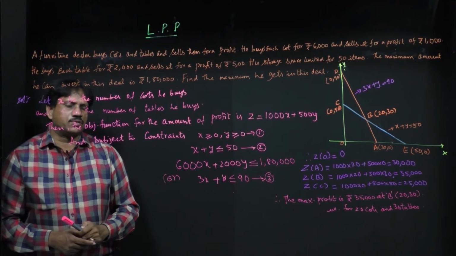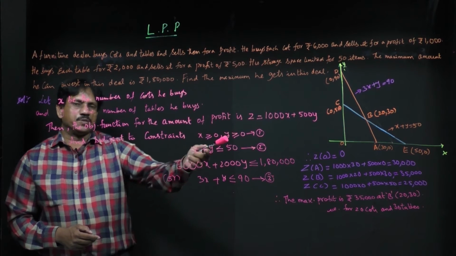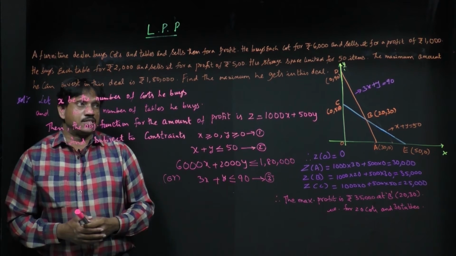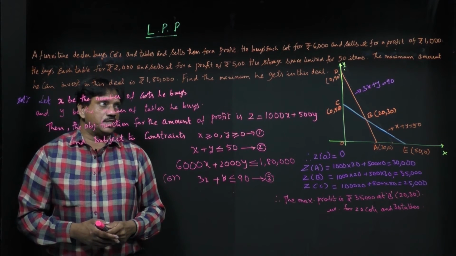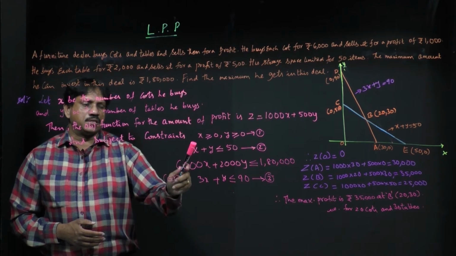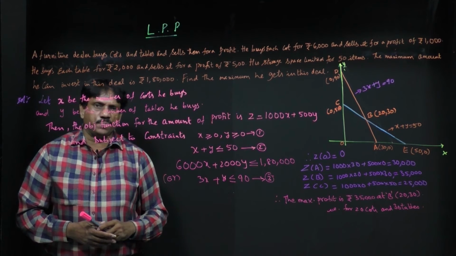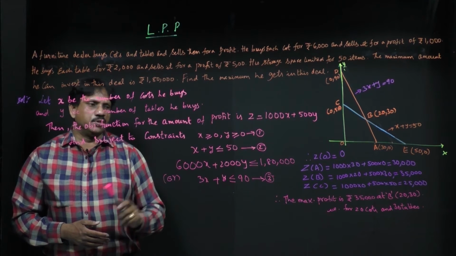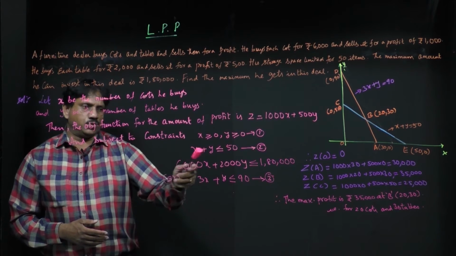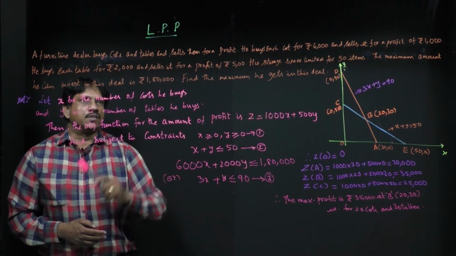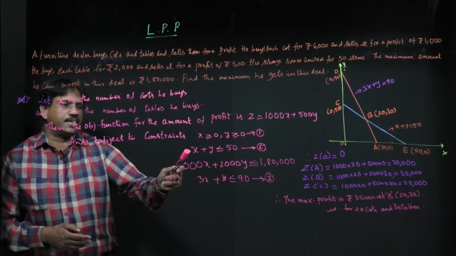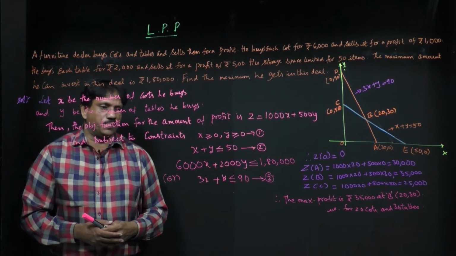And what are the subject to constraints? Both must be positive, and the limited storage space is 50 items. That means cots plus tables should be less than or equal to 50. So X plus Y is less than or equal to 50.